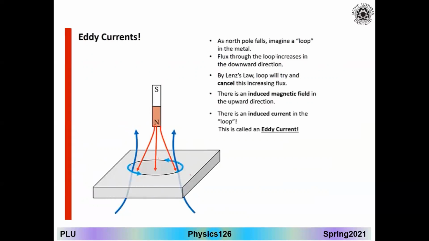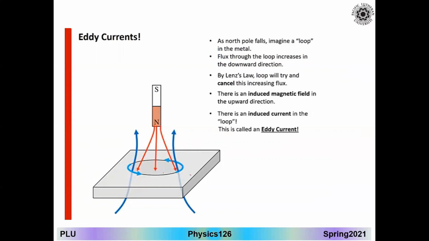The induced current here is counterclockwise. That current is what we call the eddy current. Since this is one imaginary loop, we can imagine many such loops generated, and it has many induced or eddy currents in it.